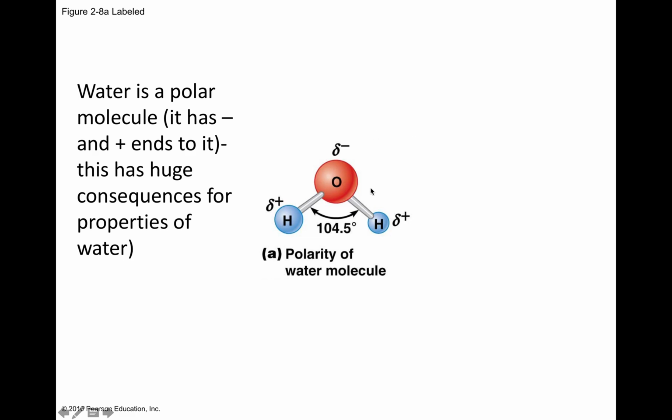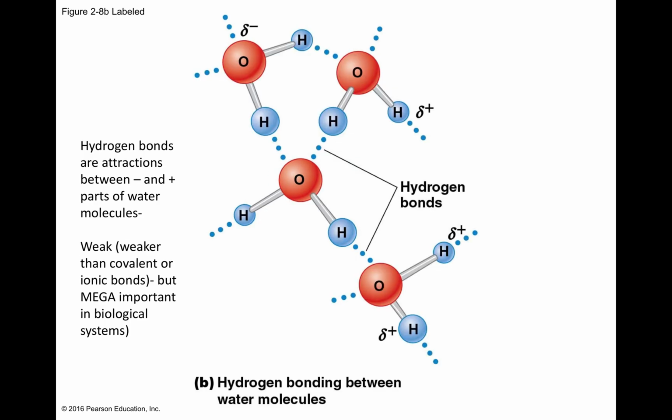So in the electrons whipping around this water molecule, they're going to spend more time around this large electronegative oxygen atom than they will around these two small positive hydrogen atoms. And so this gives this pole of the molecule, this side of the molecule, a partial positive charge, and this side of the molecule, a partial negative charge. And positive and negatives can interact with each other in hydrogen bonds.